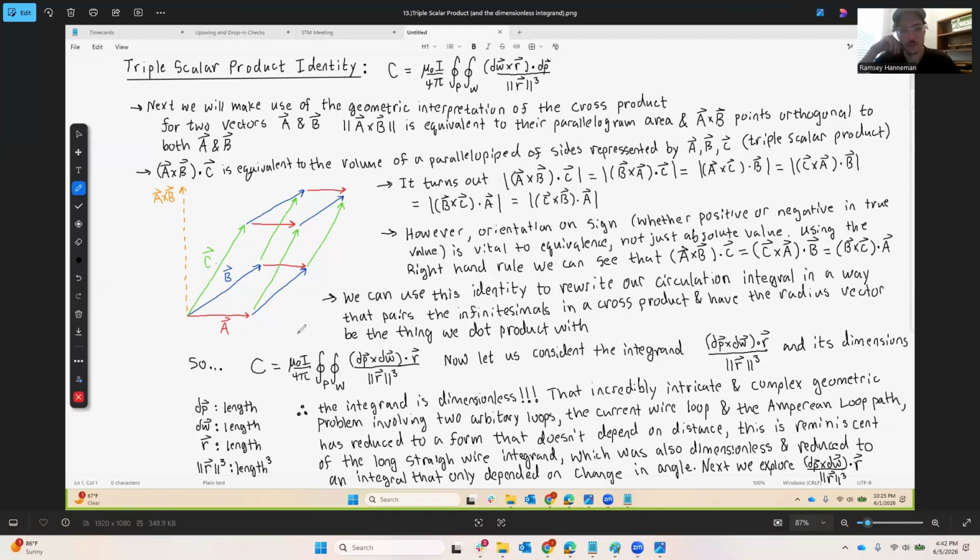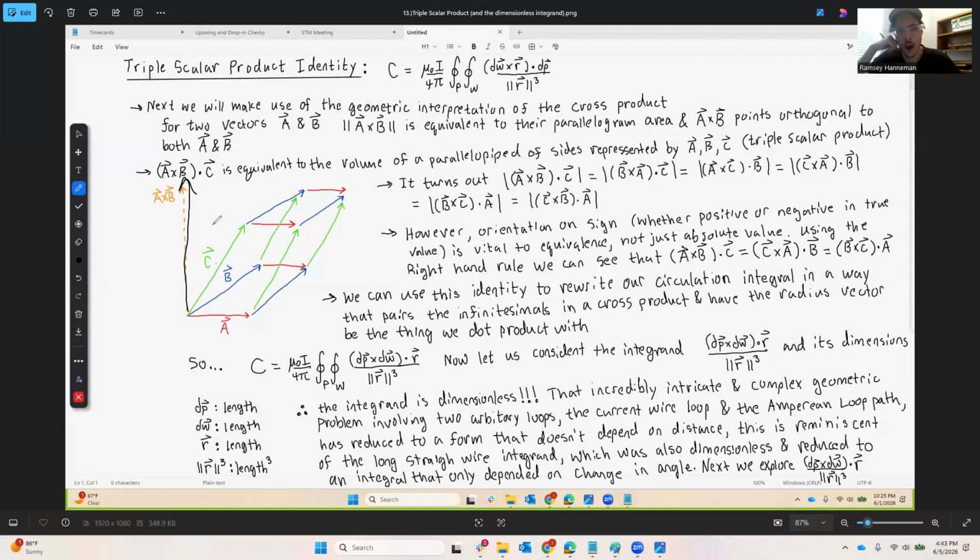Exactly how that works, I don't think we have enough time to dive into, but you get A cross B, it points upwards like this because the cross product is always perpendicular to both A and B. And then when you dot it in C's direction, it deals with the slantedness of the parallelepiped.